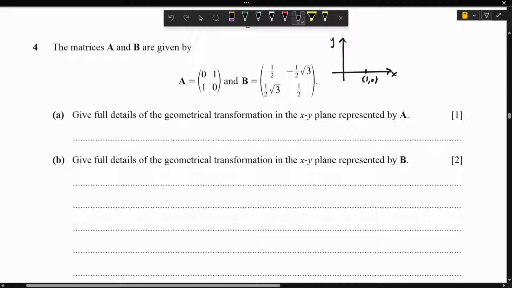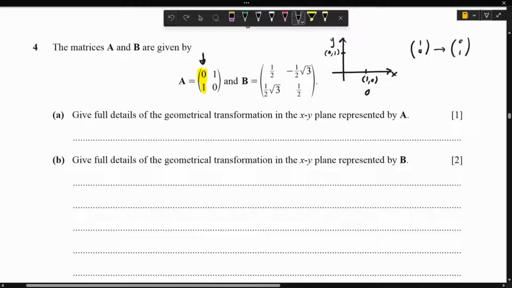Alright, so if you look at A, you can consider x and y, and an original point (1, 0). That point is being transformed to (0, 1). So (1, 0) is the object, it becomes the image (0, 1).